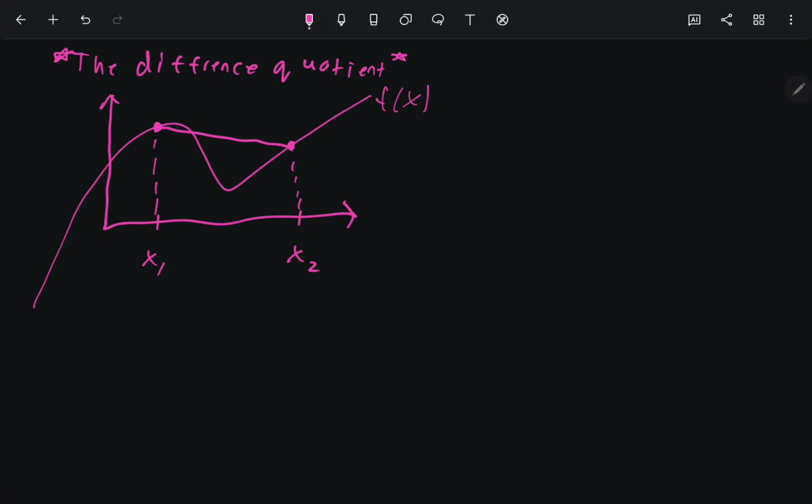So, what if I want to know the slope closer to this x1? Well, let's just define a new distance here. Let's call this x plus h, or x1 plus h. And for the purpose of the difference quotient, we're actually going to call this x.